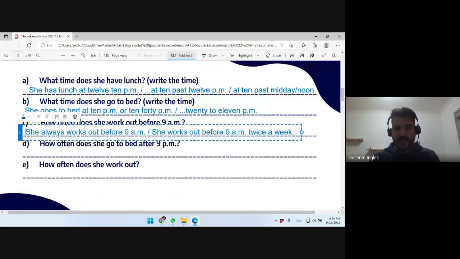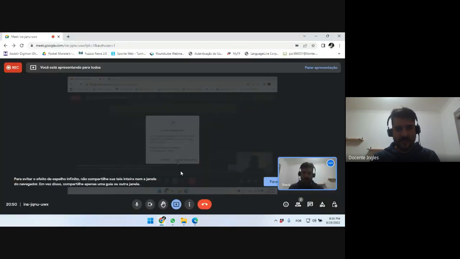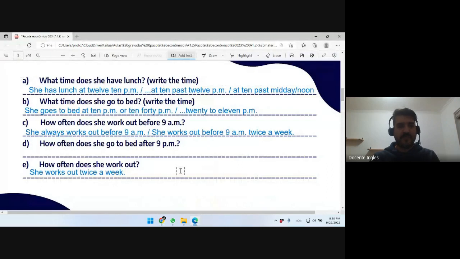E assim, a gente acaba tendo uma resposta muito parecida com a letra E. Porque a letra E é somente quantas vezes, how often does she work out? Então, a frequência de forma geral. So, she works out twice a week.